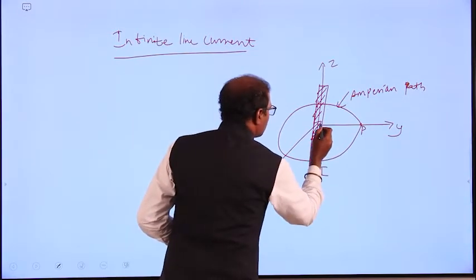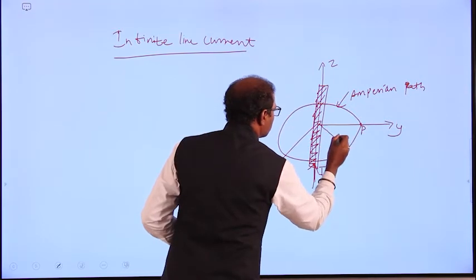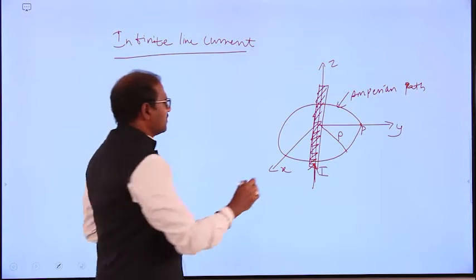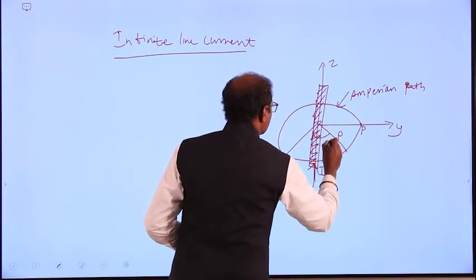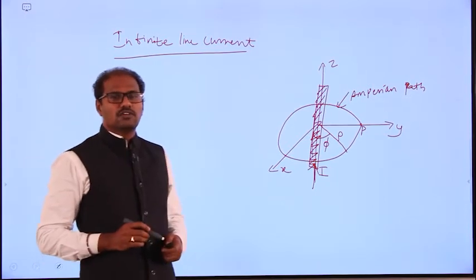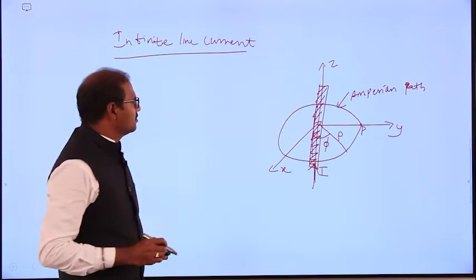Here we assign the distance called rho, the radial distance. The angle we call phi, the azimuthal angle. This belongs to the cylindrical coordinate system.